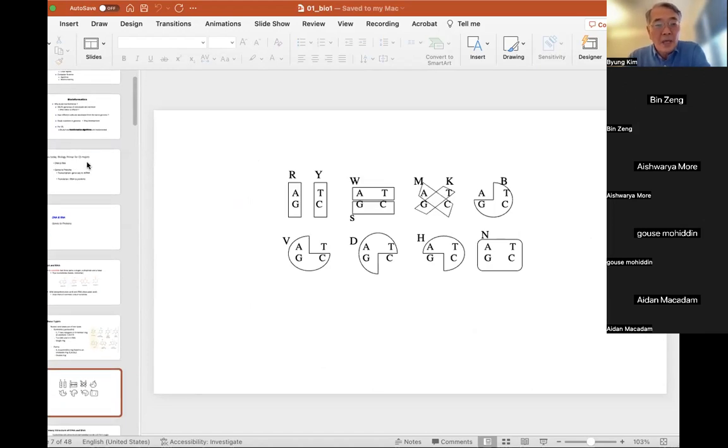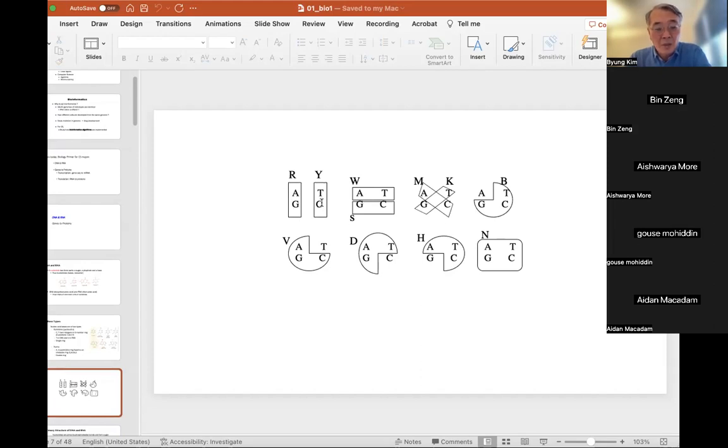So you have A, G, C, T, and A and G are the purine group. If you're not sure whether it's an A or G, then they sometimes group it and call it R for the purine group.